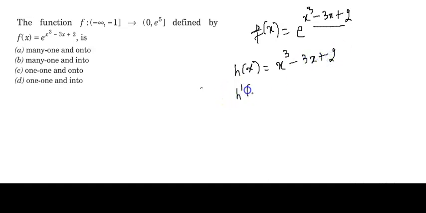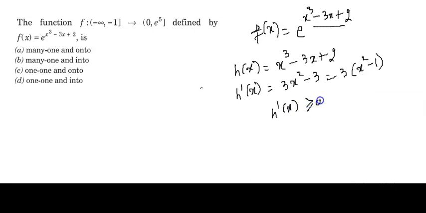So h'(x) will be 3x² − 3, or you can say 3(x² − 1). That means h'(x) will be greater than or equal to 0 whenever x belongs to the given interval. So this implies that f(x) will be an increasing function.